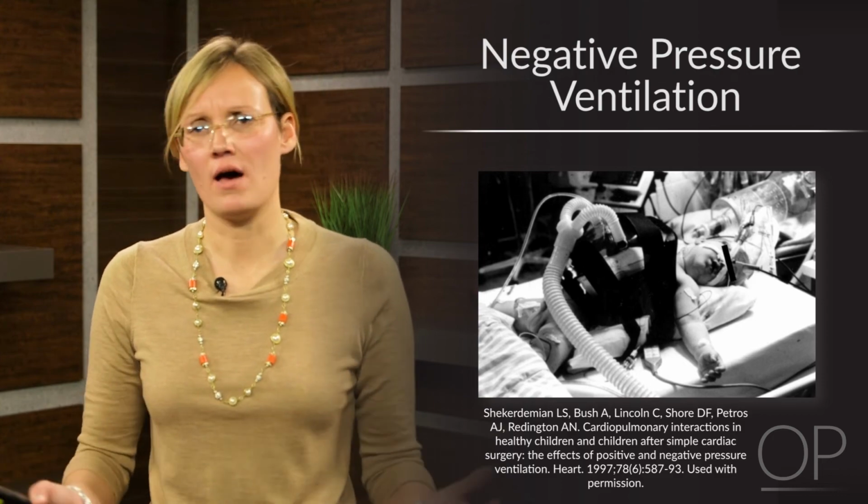So in a lot of ways, it's more physiologic and it could be more comfortable. People could talk, they could eat, they could wear glasses, they could really function normally in terms of their face and their mouth and everything else. However, there are some obstacles. But again, we're here to talk about cardiopulmonary interactions, so we're going to stick to that topic for now.